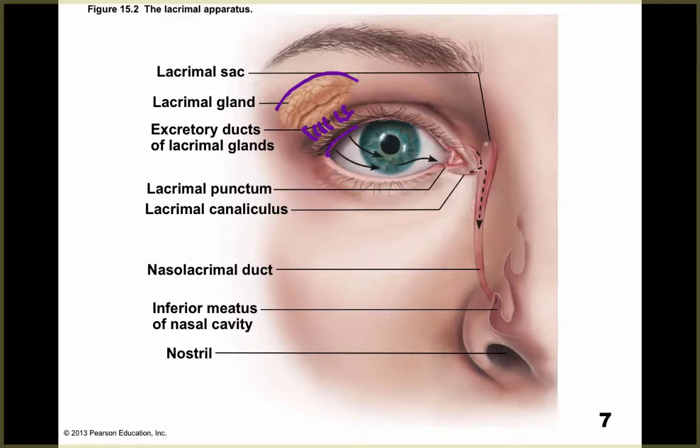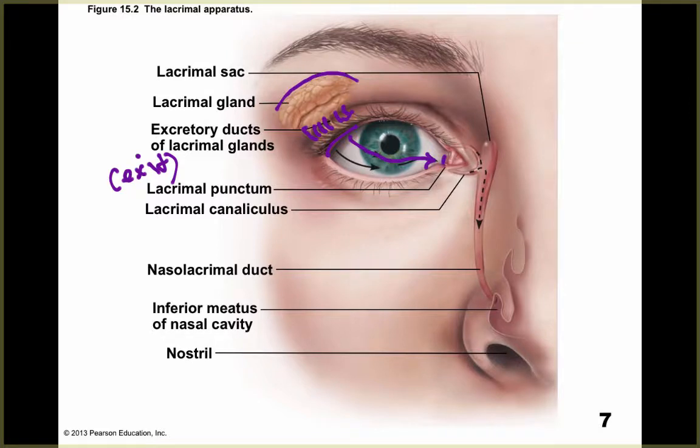And then it gets moved across the eye towards the medial area, and that happens during blinking. And then we have this area that's right here, the lacrimal punctum. This is where the tears exit.